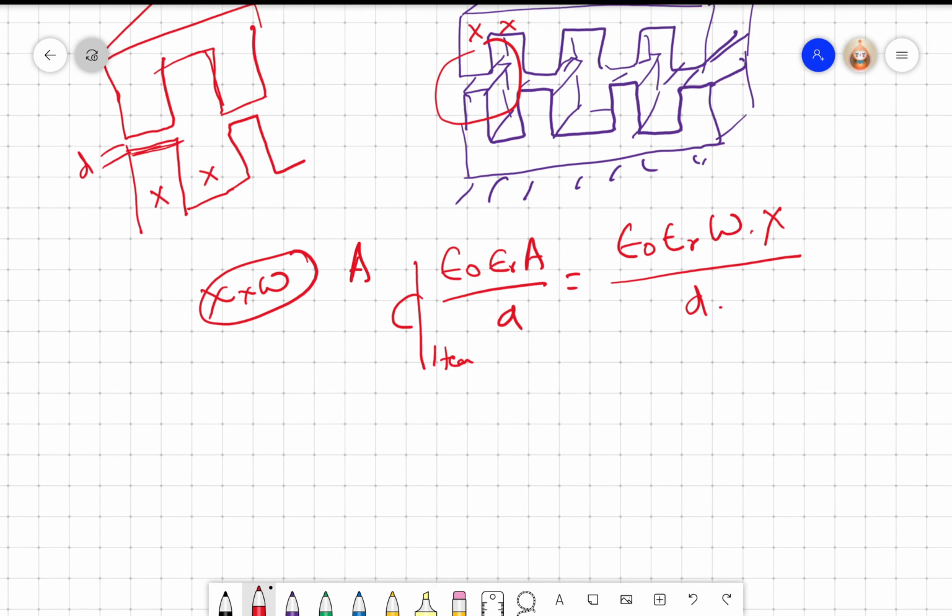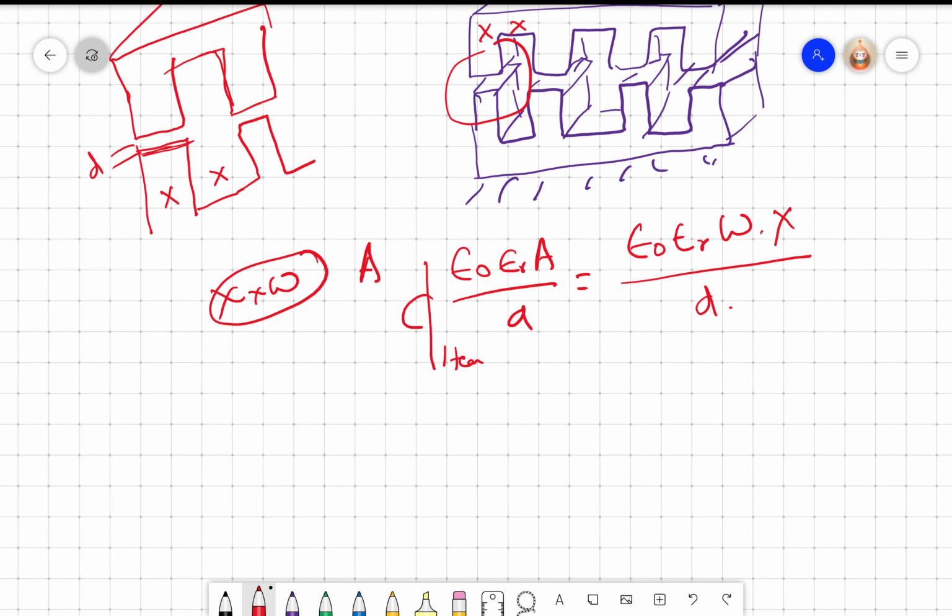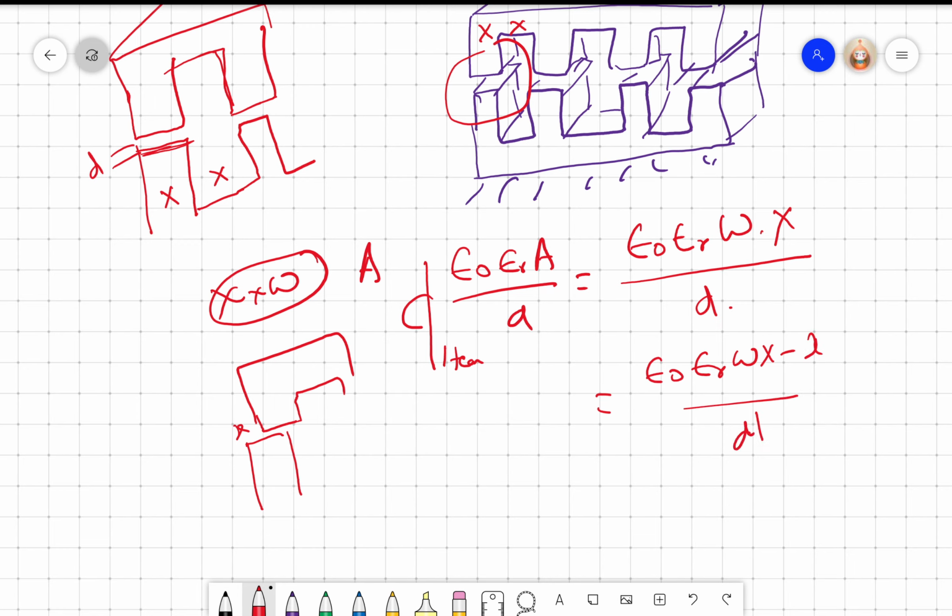Now if I move by x, what is going to happen? This would be epsilon naught epsilon r w into x minus x by d.